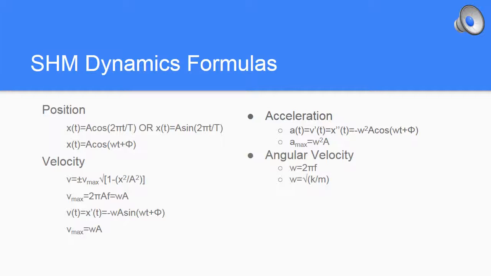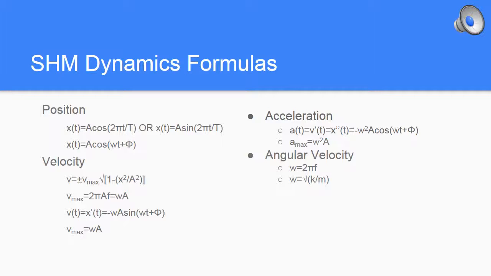It can also be derived from the position function, and so that would give us a velocity that is equal to the negative angular velocity times the amplitude times the sine of the angular velocity times time plus the phase constant.